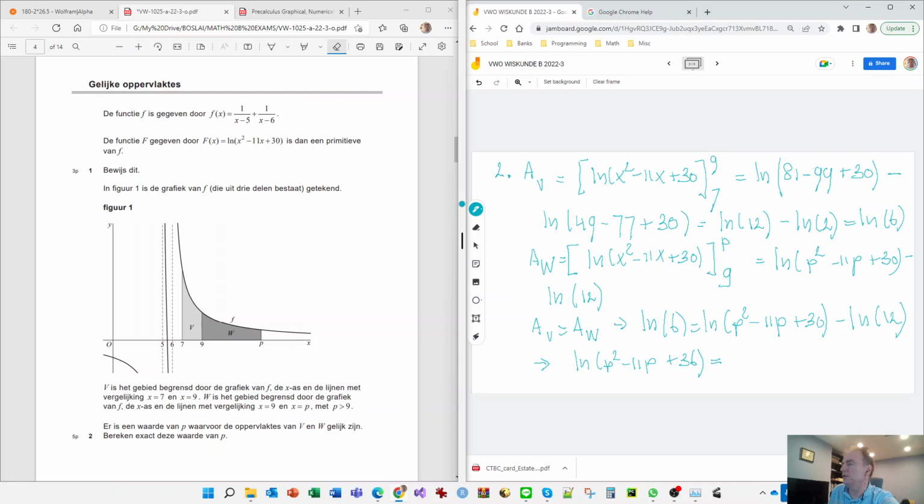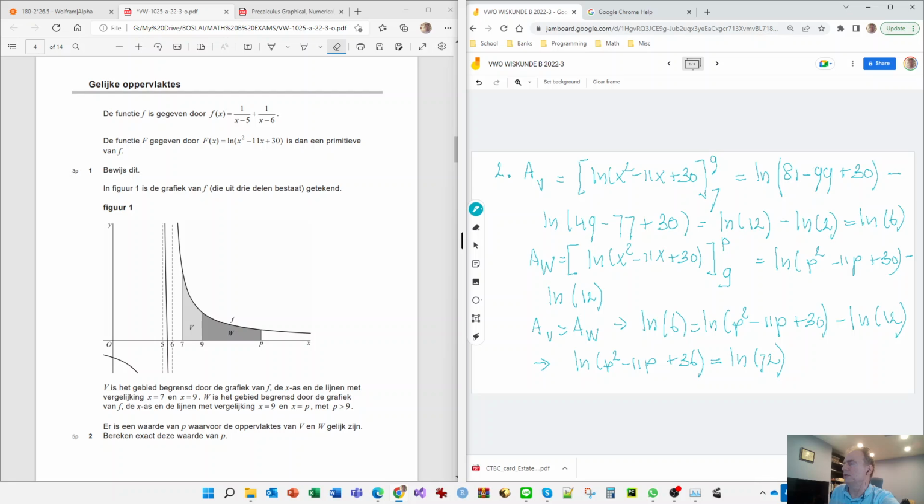So that's the product of 6 and 12. So it's log 6 times 12 is 72.